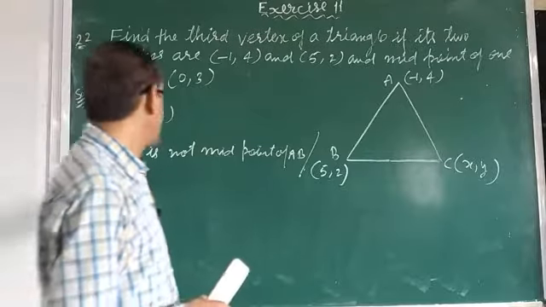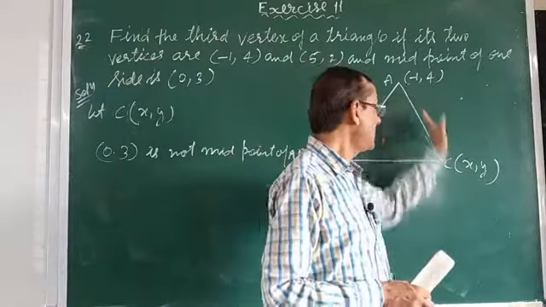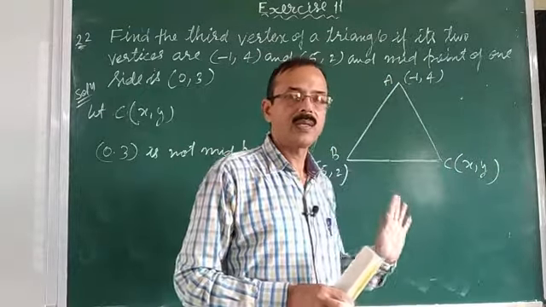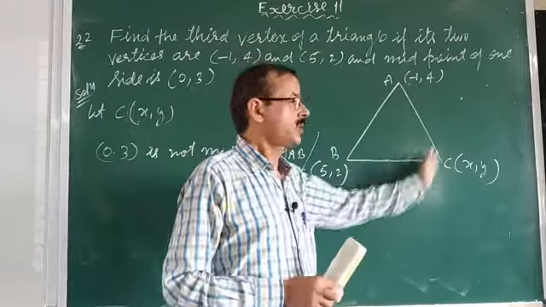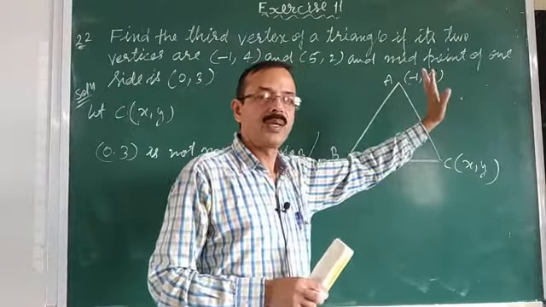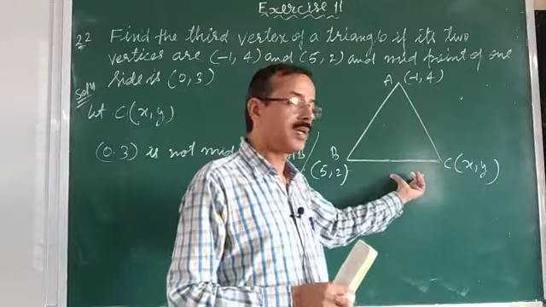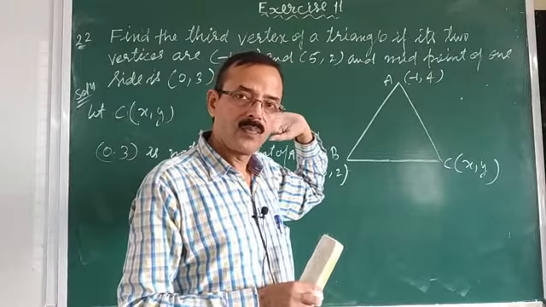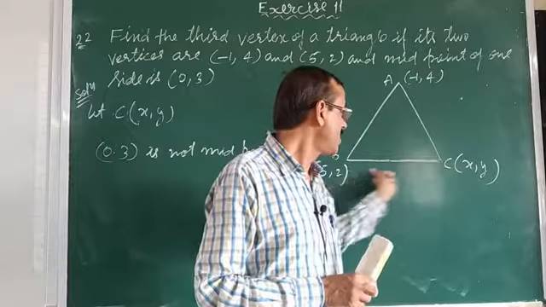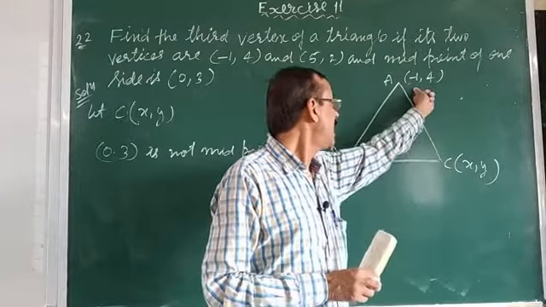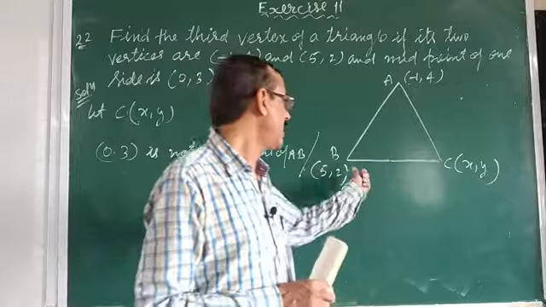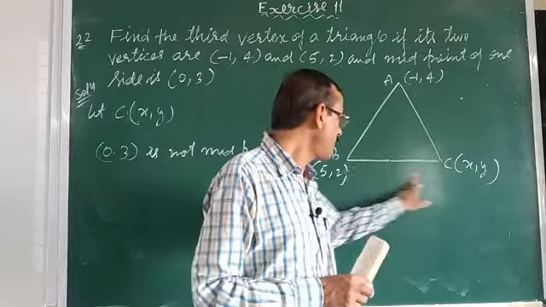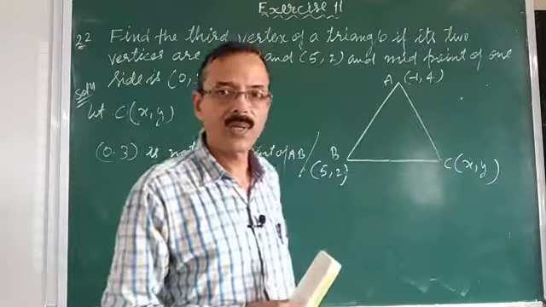It may be 0, 3 may be midpoint of BC or AC. यह BC का हो सकता है या AC का हो सकता है. हमें नहीं क्लियर है किसका है. ठीक है, तो हम दोनों को सॉल्व कर दोनों को लेकर के हमें चलना है. In this case you can't use one side only. एक तो क्लियर हो गया कि 0, 3 will not be midpoint of AB. That is clear. But it is not clear whether 0, 3 will be midpoint of BC or AC. So in this kind of situation, you have to solve by taking both sides. दोनों side को लेकर के हमें solve करना है.